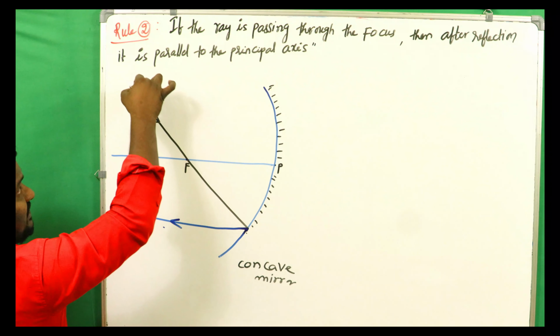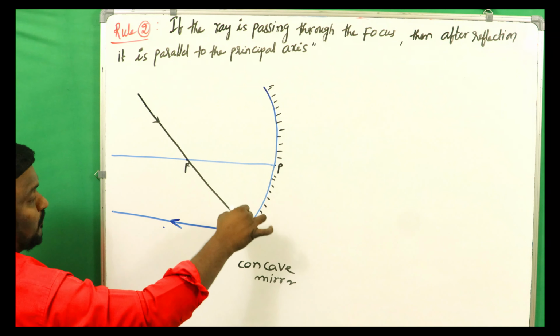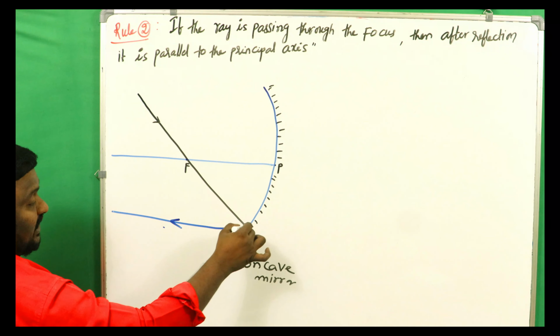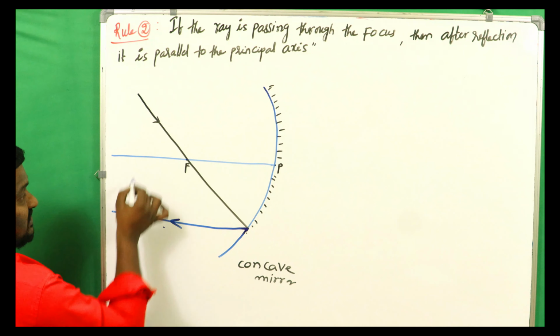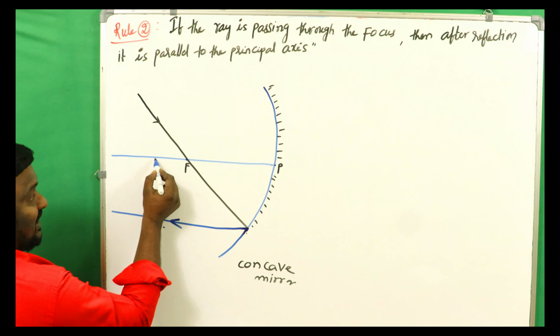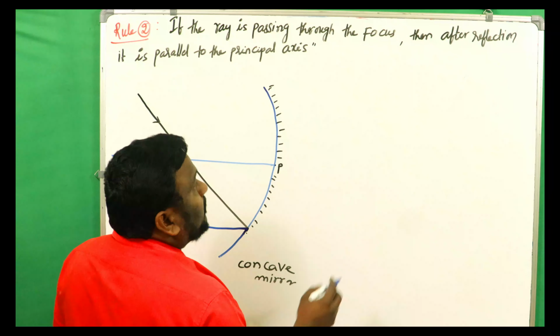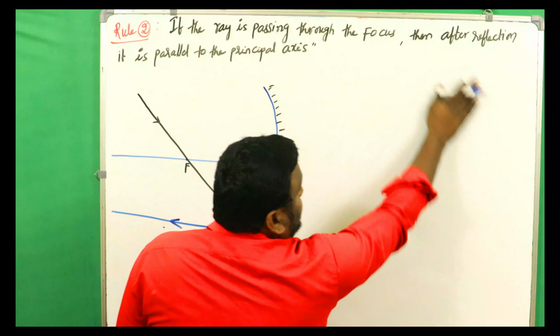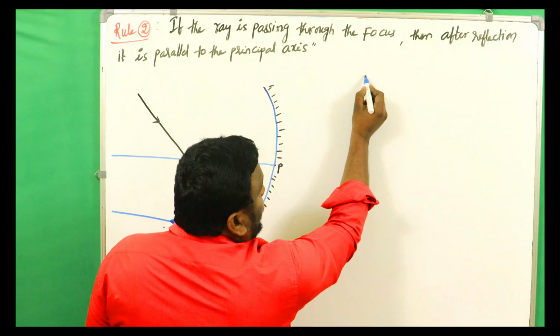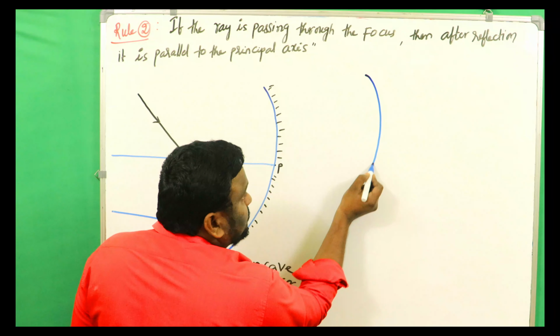The light ray passing through the focus, after being incident on the concave mirror, is reflected like this, and the reflected ray and the principal axis are both parallel. So this is for the concave mirror. Now let's discuss the convex mirror.